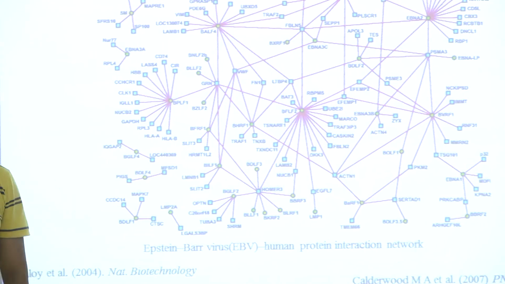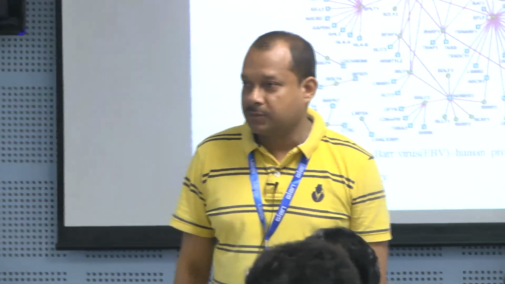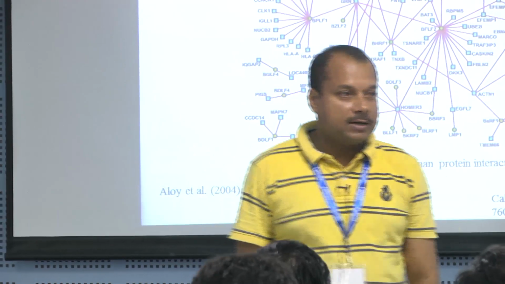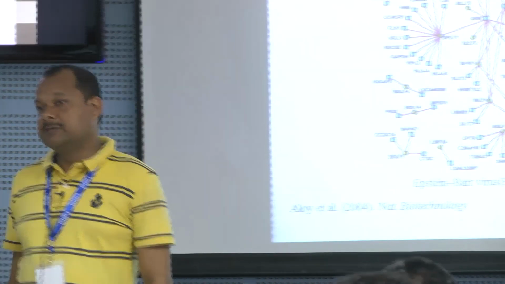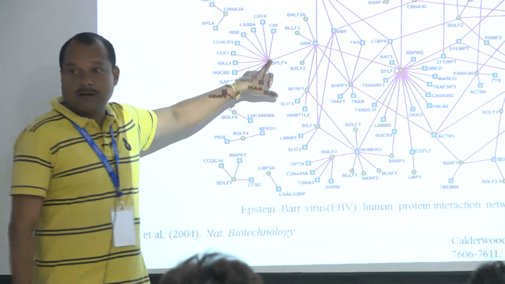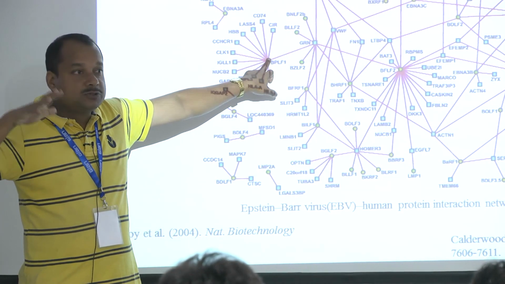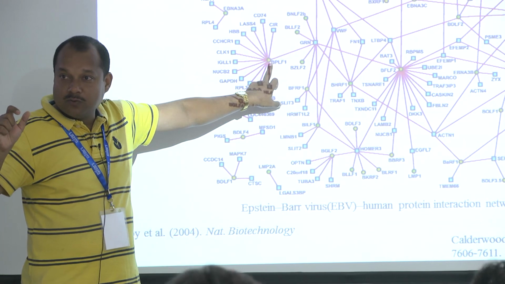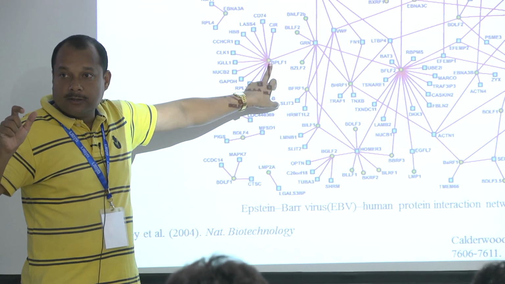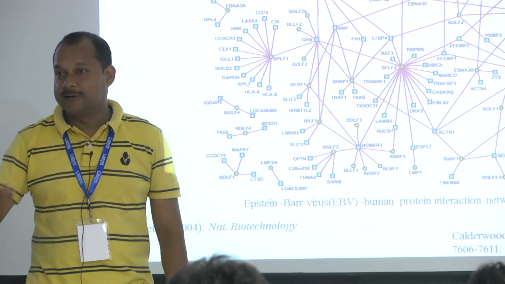Now, look at what the advantage of this is. If I wish to design one inhibitor or one drug so that we can heal this EBV virus, then we can target some protein. Now, when we are targeting the protein, if we do not have a holistic idea of its interactions, then I can design one drug which will block the function of these three proteins, and that way we will have some side effects.